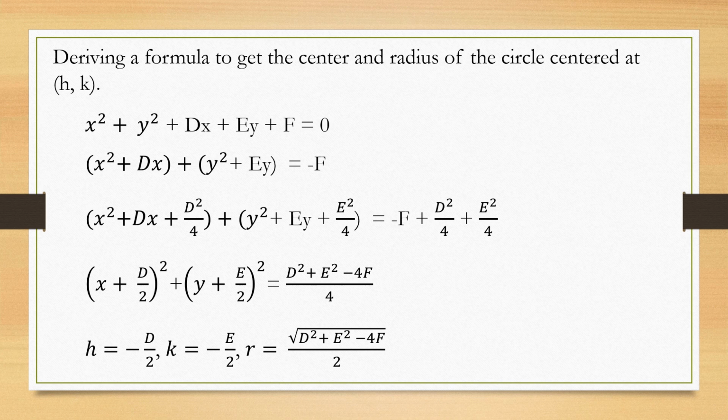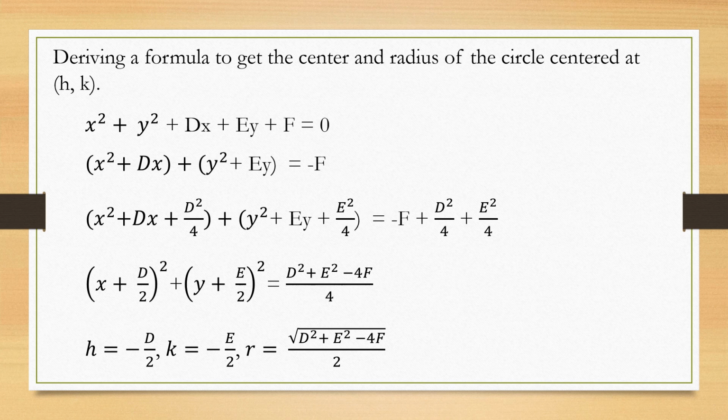Next, we will multiply the middle term, which is d, by 1/2. Then the result will be squared. When we multiply d times 1/2, that becomes d over 2. To the power of 2, that becomes d squared over 4. Plus the quantity y squared plus ey, the same as what we did with d, we also multiply e by 1/2.